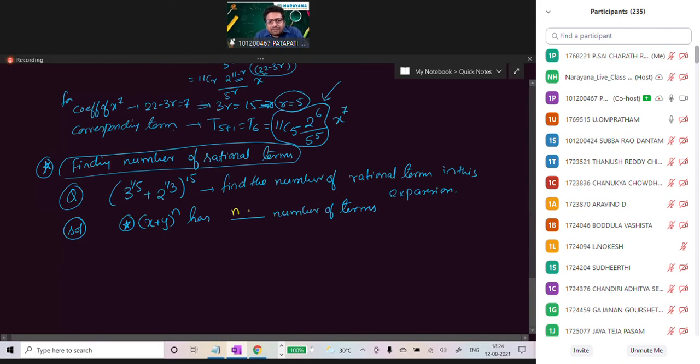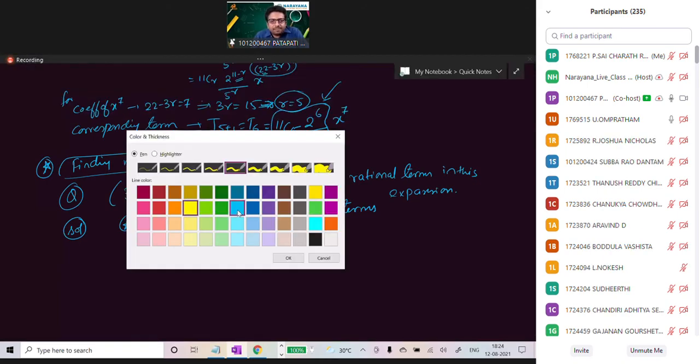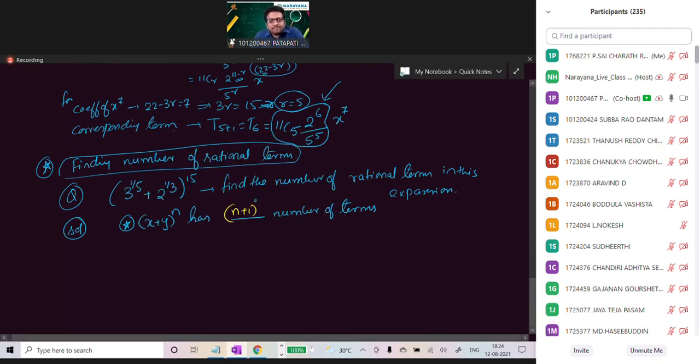It has n plus 1 terms, right? For example, if you expand this power 15, you will get 16 terms. Out of those terms, how many rational terms are there?